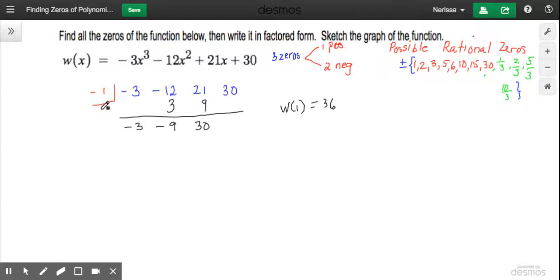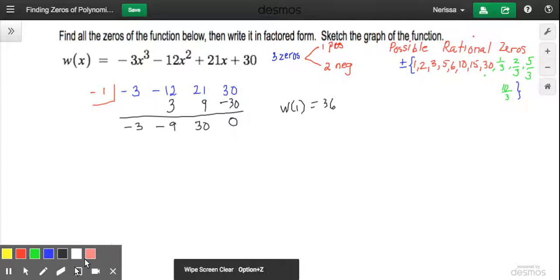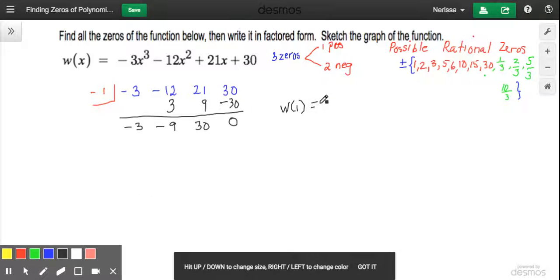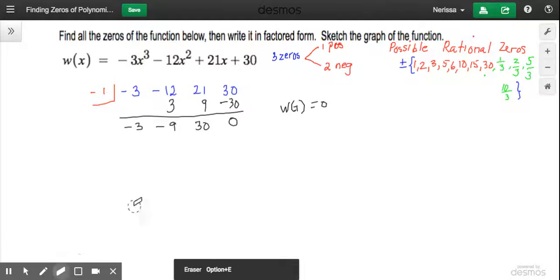And 30 times -1 is -30. So now we have opposites. Therefore, when we add them, we get a 0. So now we found 1 zero of W of x. So -1 is a 0 of W of x. So we can write this down as W of -1 is equal to 0. So we say that -1 is a 0 of W of x.